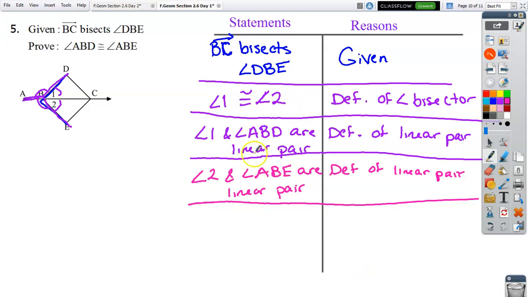Cool. So, remember that one theorem that we were just talking about? How if they are a linear pair, then they are also supplementary. So now I'm going to rewrite these, and instead I'm going to write angle 1 and angle ABD are supplementary.